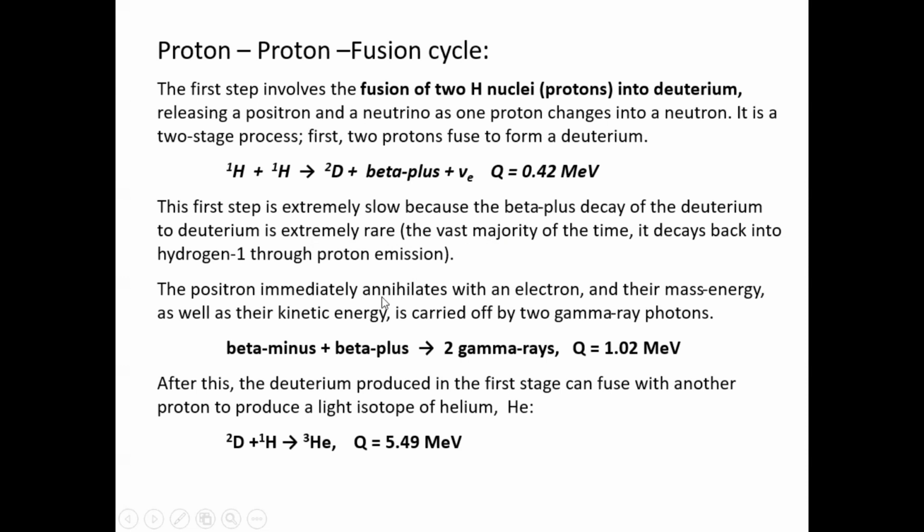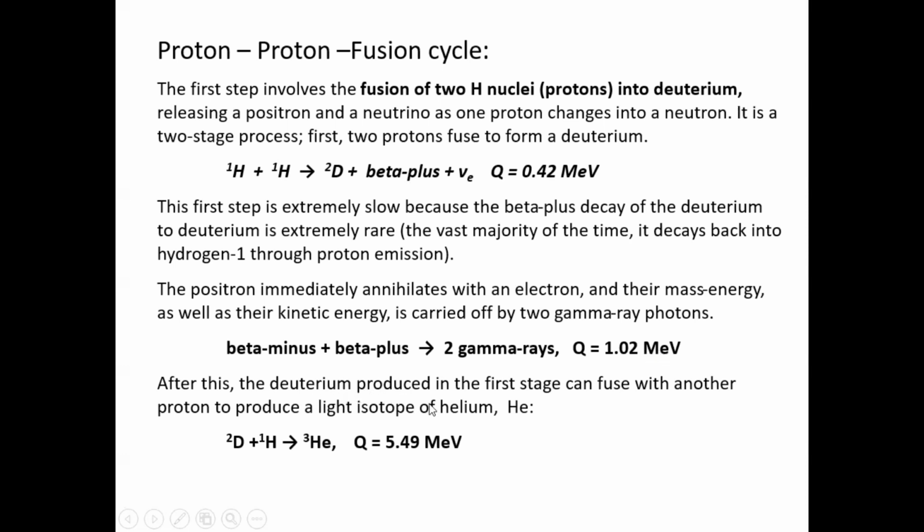But the positron, when emitted, immediately annihilates with an electron, and therefore it is lost. And two gamma rays are produced, with the energy 1.02 million electron volts.